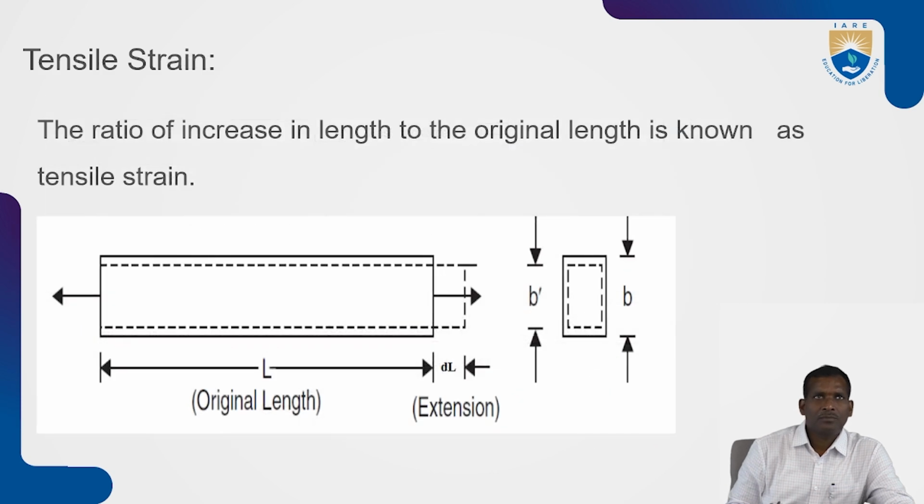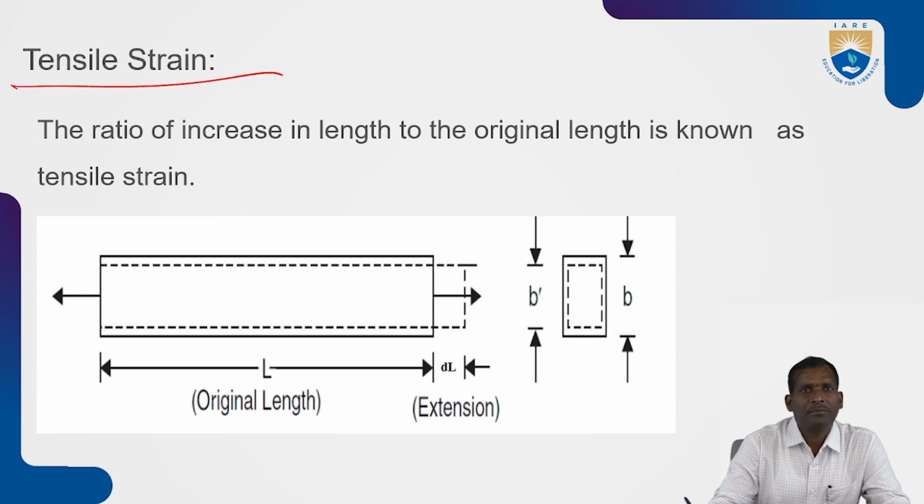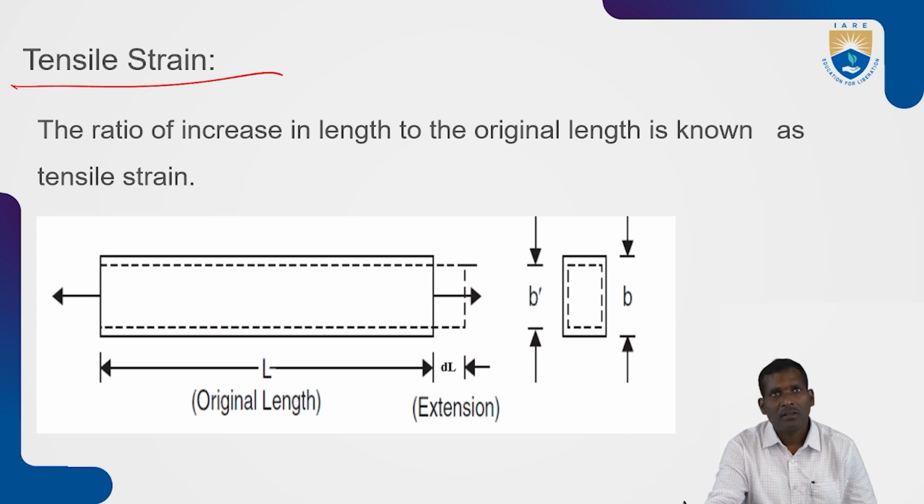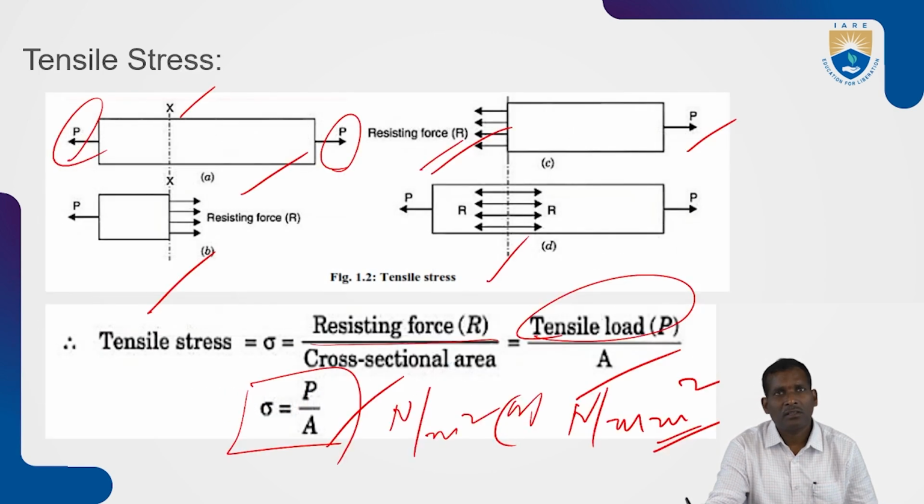So now tensile strain. Tensile stress we have already learned. So what do you mean by tensile strain? The ratio of increase in length to the original length is known as tensile strain. In tensile stress, whenever the tensile load is applied, some deformation will be there.